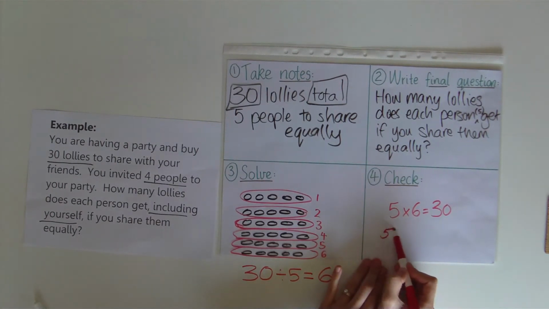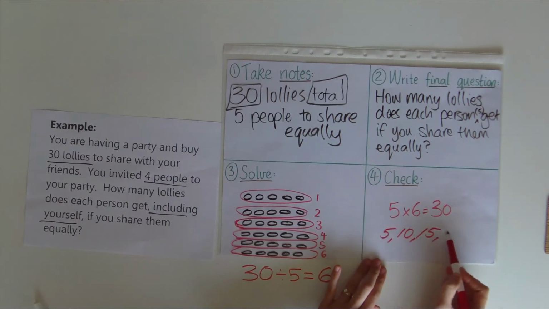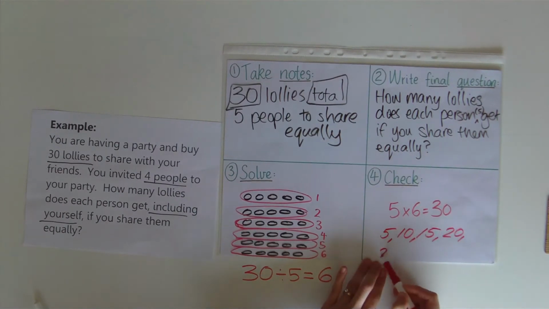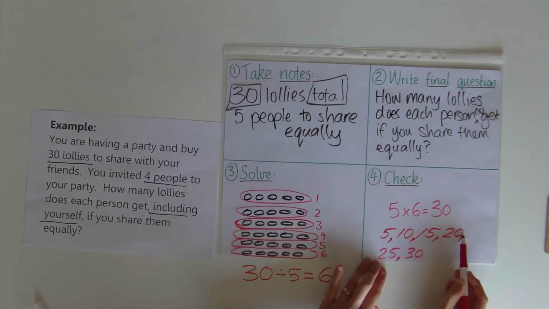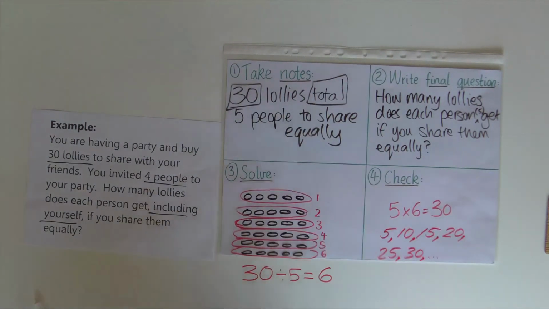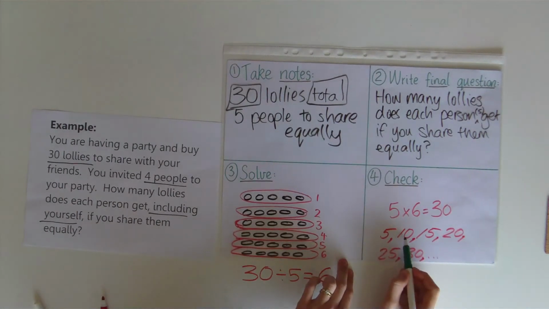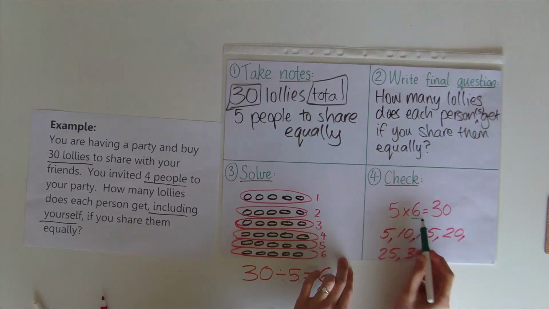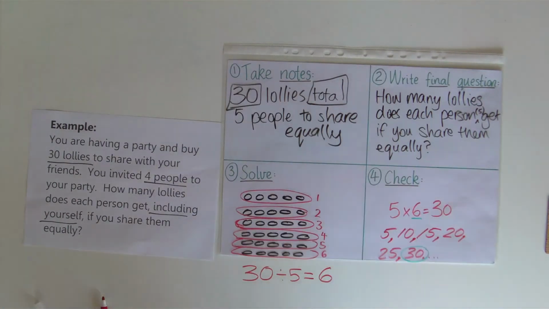So I can go 5, 10, 15, 20, 25, 30, and then just double check that it is in fact only 6 times that I've counted there for the multiples of 5. So I have my first, second, third, fourth, fifth, sixth. So 6 times I have counted by 5s, starting at 5, and the answer was 30. So then I know it's correct.